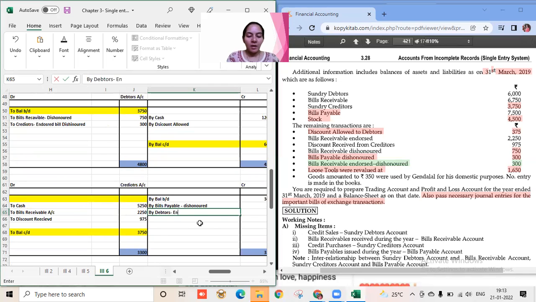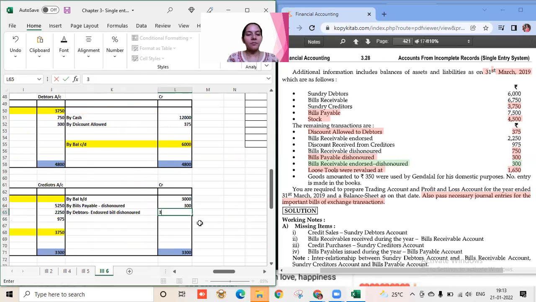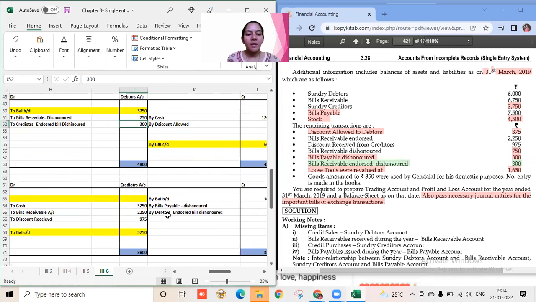Again, endorsed bill dishonored, rupees 300. So debtors ना डेबिट दिया, क्रेडिटर को क्रेडिट दे दो. पुट द डेटर का बैलेंस बढ़ा दो, क्रेडिटर का भी बैलेंस बढ़ा दो, क्योंकि वापस उसको पैसे देने और इससे पैसे लेने हैं. ठीक है?